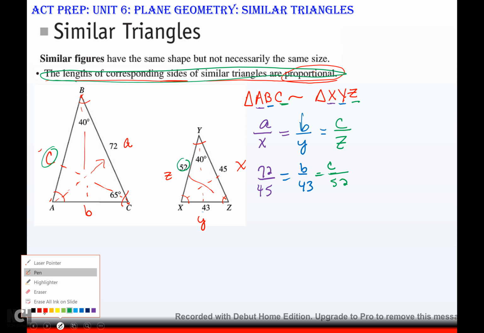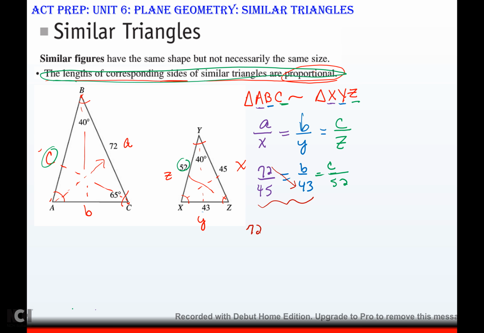So what you do to find missing sides is you solve proportions. And you can start with any two you want. If I start with these two, in a proportion the product of the extremes, so 72 times 43, has to equal the product of the means, which is 45 times b. If you do 72 times 43, you get 3096 equals 45b.